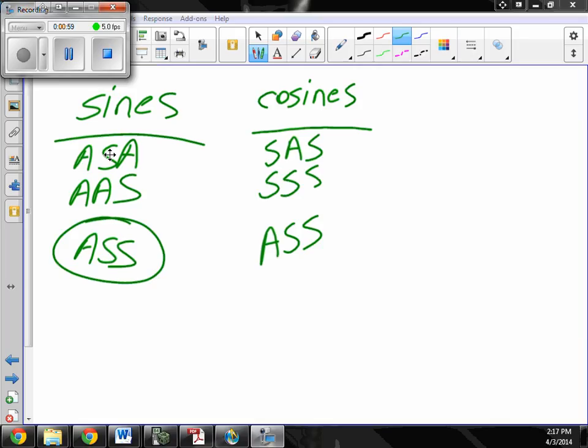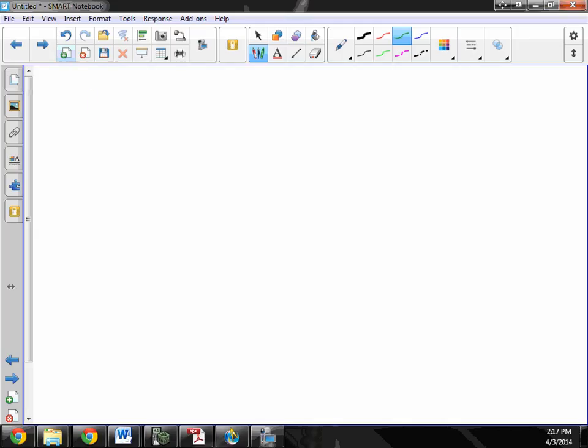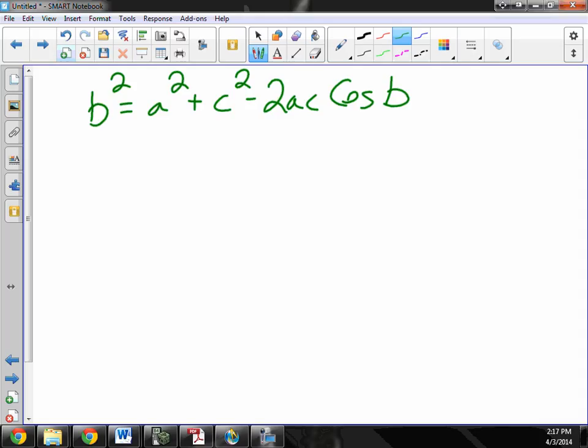Let me show you. I'm not going to draw a triangle. I'm just going to fill it in. So, b squared equals a squared plus c squared minus 2ac cosine of B. Now, I'm just going to plug this in with really nice numbers just to show you how you would do this. So, maybe I need to draw the triangle.